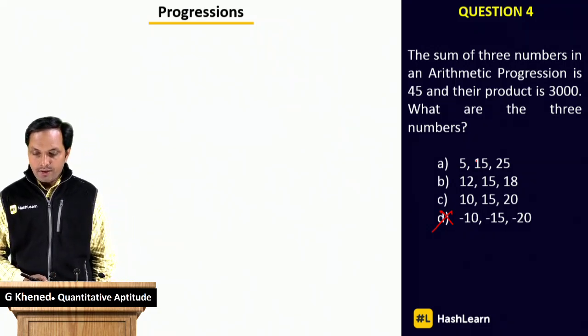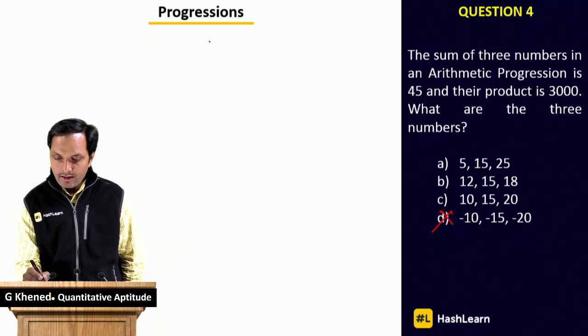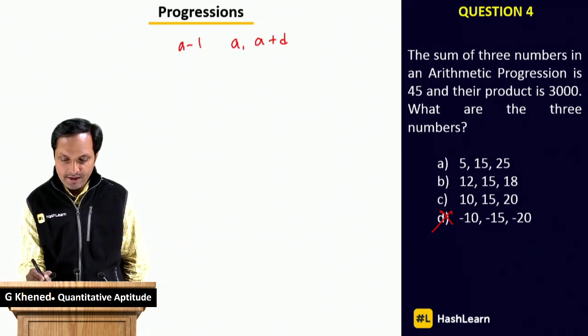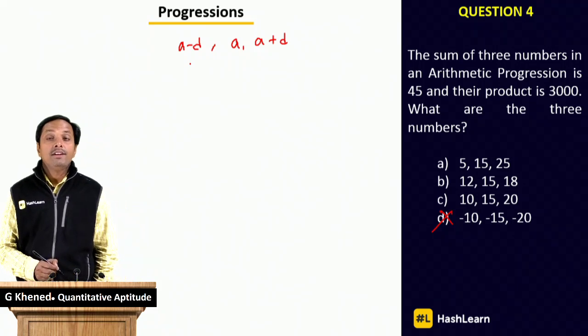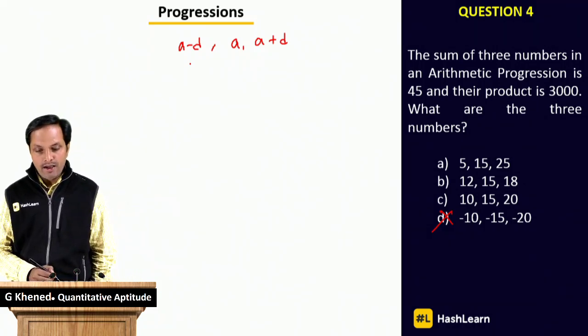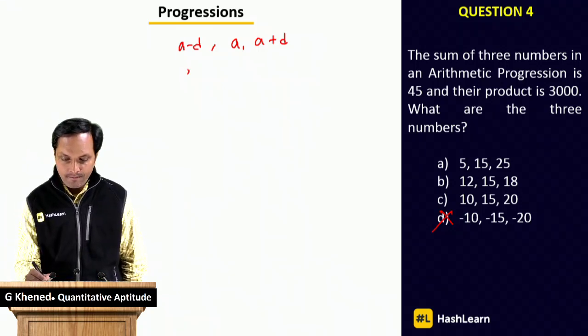Okay, so now let us see. A minus D, A and A plus D. These are the three terms you need to consider. So what is their sum? Their sum is given as 45.